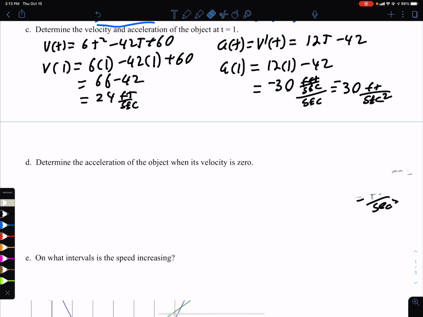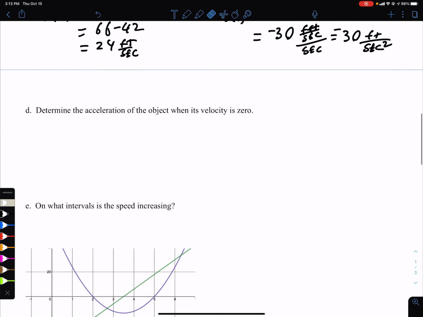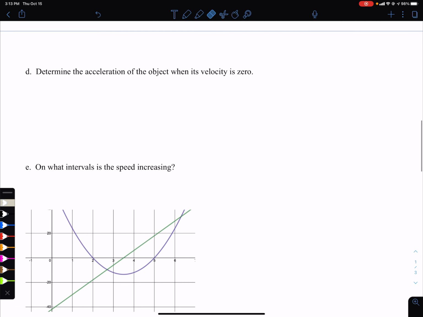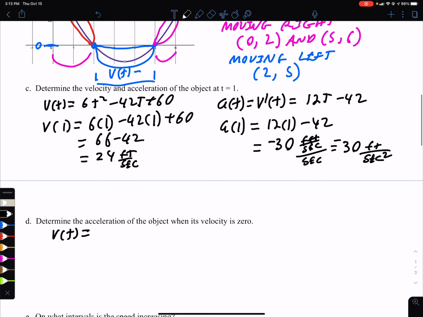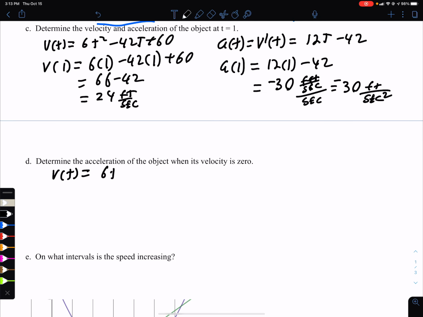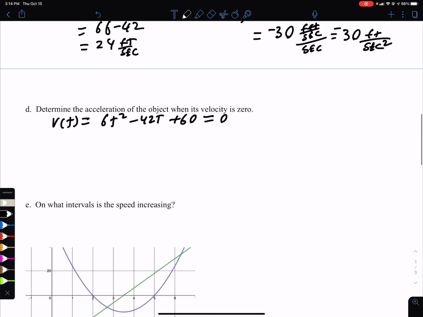All right, let's continue on. Part D. Determine the acceleration of an object when its velocity is 0. Okay, that means the velocity is 0. Yeah, that's quite profound, isn't it? So we take our velocity function and we set it equal to 0. Now, I could factor the 6 out.